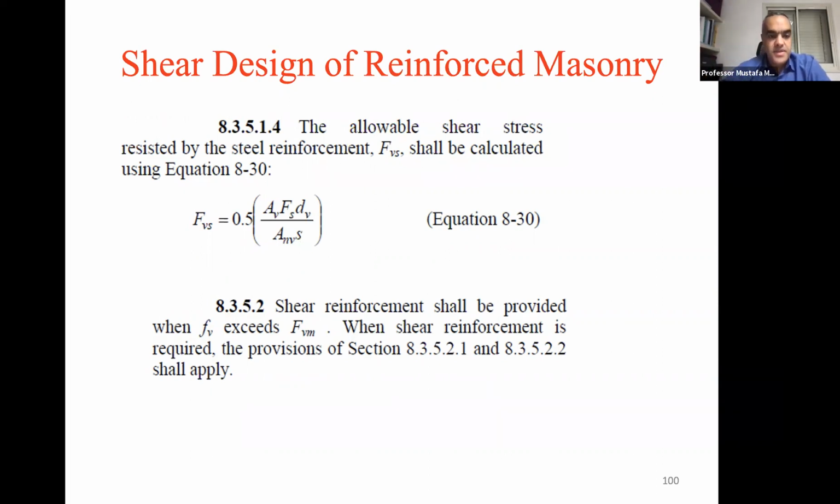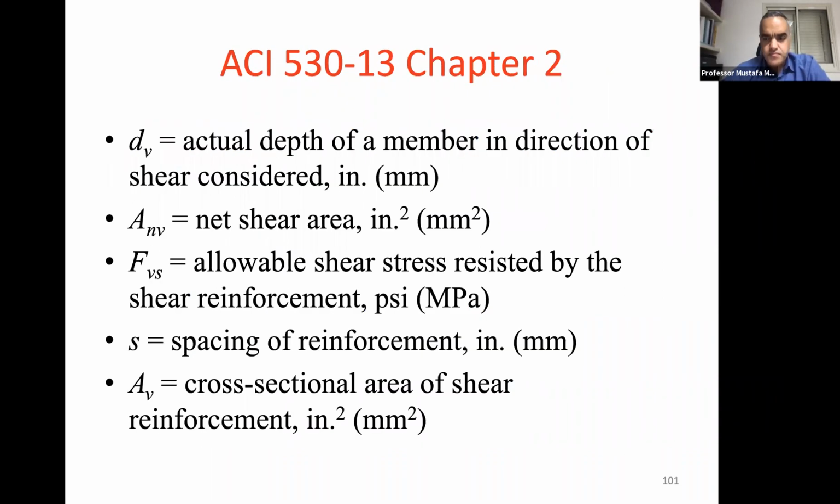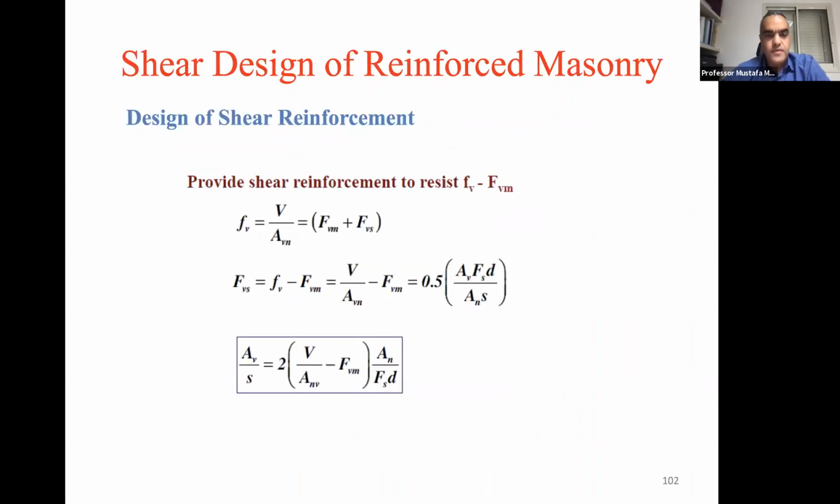Everything is defined here, which I just talked about. So provide shear reinforcement to resist F sub V minus F sub VM. We calculate the shear stress, and if this is greater than the masonry, then we subtract the part resisted by the masonry, and what's left needs to be resisted by the steel.